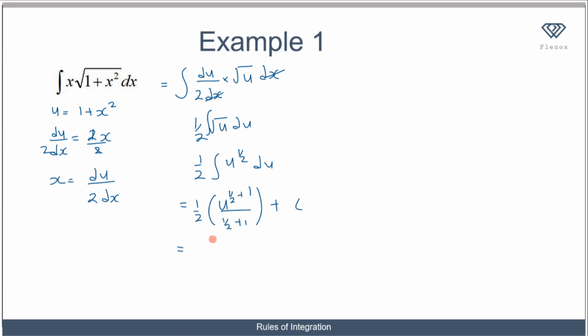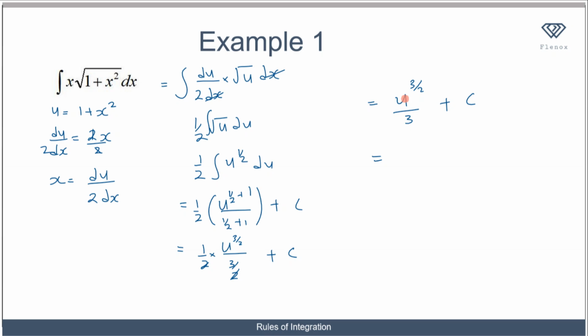That becomes half times u raised by 3 over 2 over 3 over 2, in which 2 cancels 2, then plus my constant. So I'm left with u raised by 3 over 2, everything all over 3, then plus my constant.